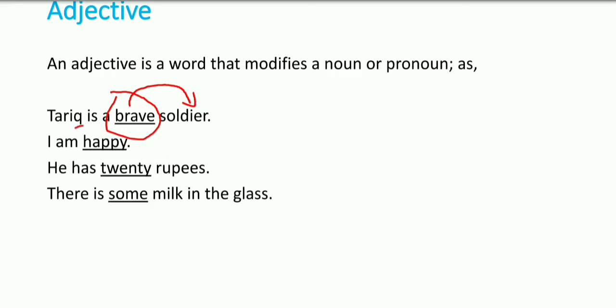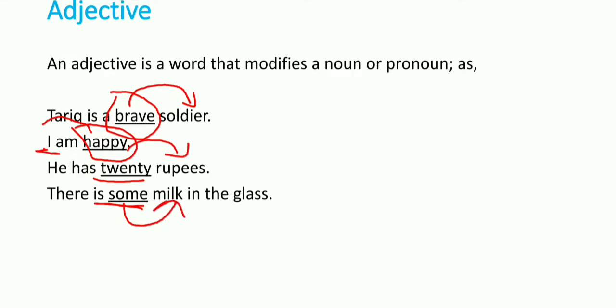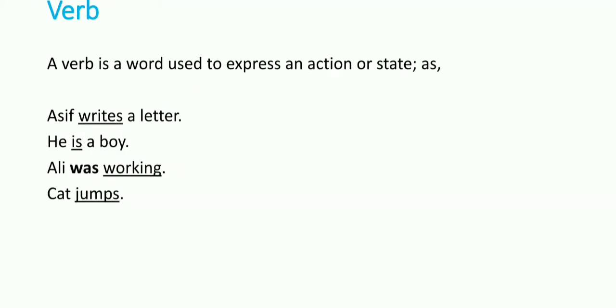Here we have the adjective happy, which is describing the pronoun I. I is described by happy. Next example: He has 20 rupees. Twenty is modifying rupees. And there is some milk in the glass. Some is an adjective and it is modifying the word milk. So we have adjectives like that.